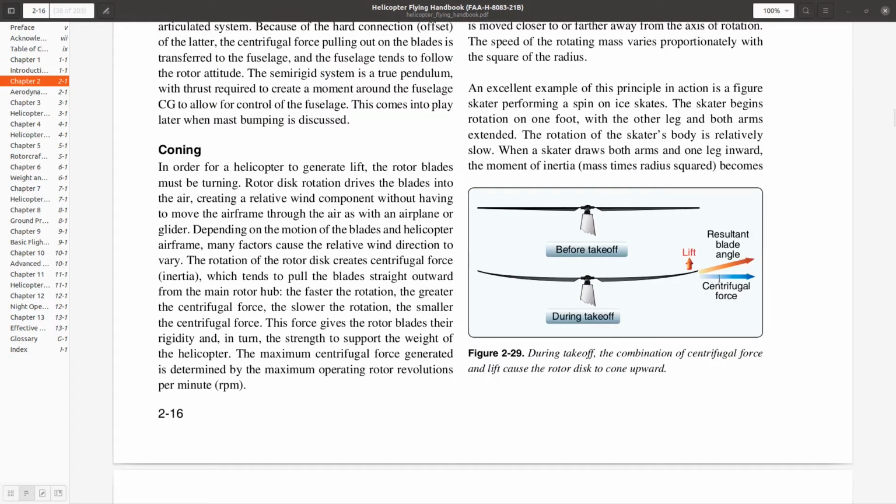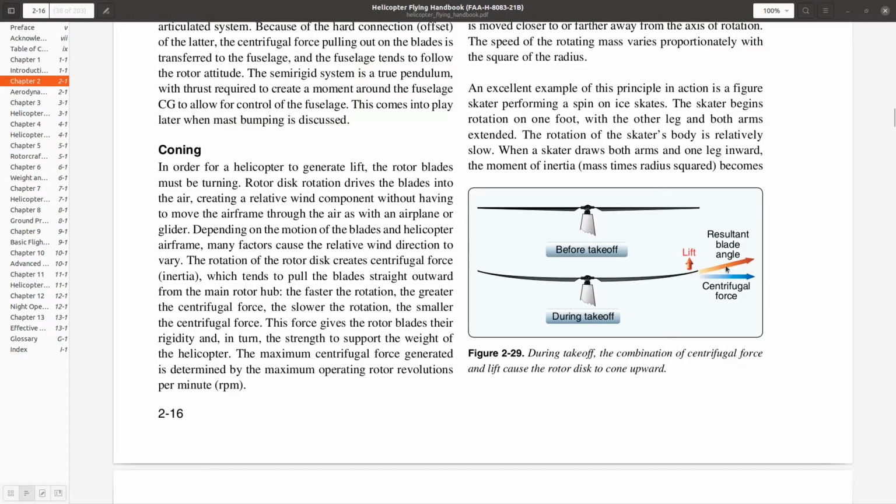Other things you'll notice with a helicopter, we have coning. What's coning? As you increase the collective and produce more thrust off of this main rotor, the ends are going to curl up because you're producing lift and you still have centrifugal force that's trying to pull these blades apart, but now you have lift.